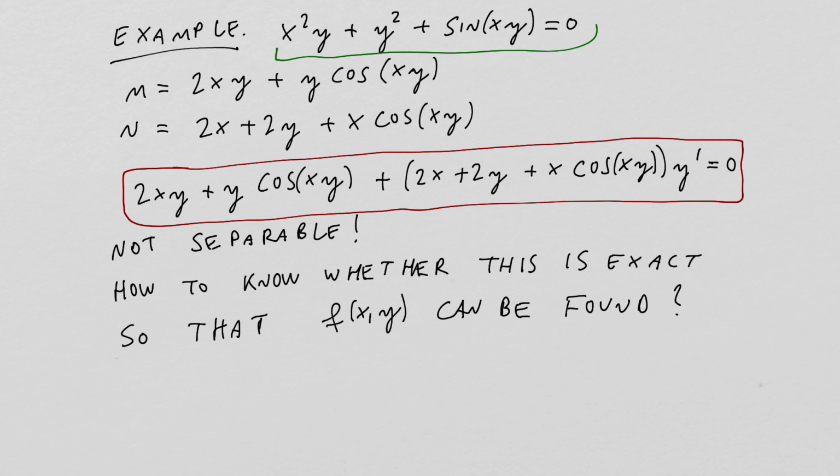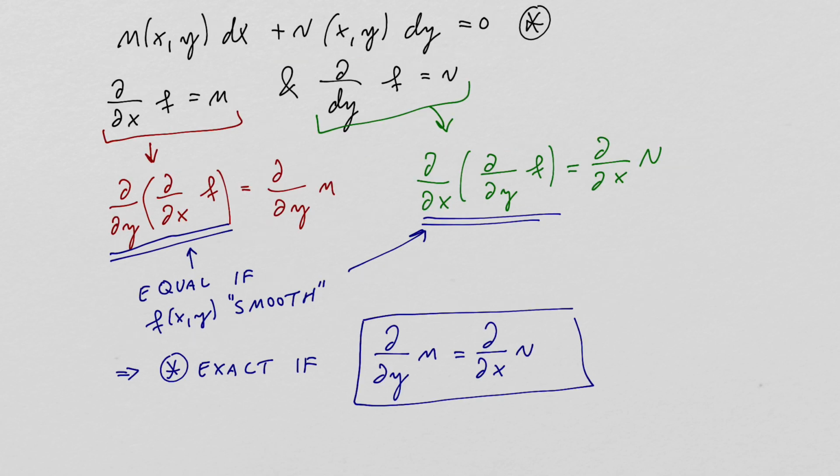So if we were given this equation, how would we know if this equation is exact? We would want m and n to be some partial derivatives of f. If we take partial derivatives of these in such a way that we will have the derivative with respect to x and derivative with respect to y, then usually we can swap the order of these derivatives.